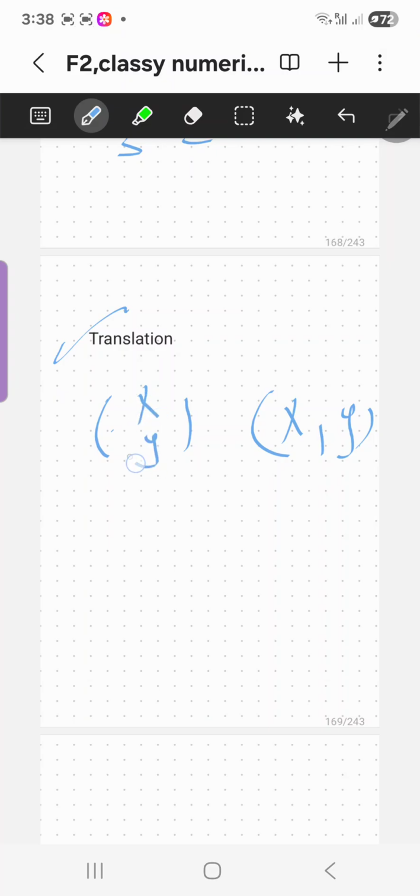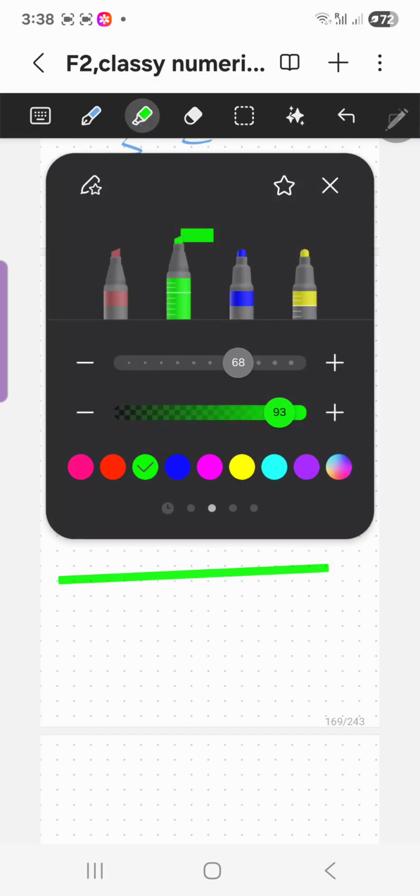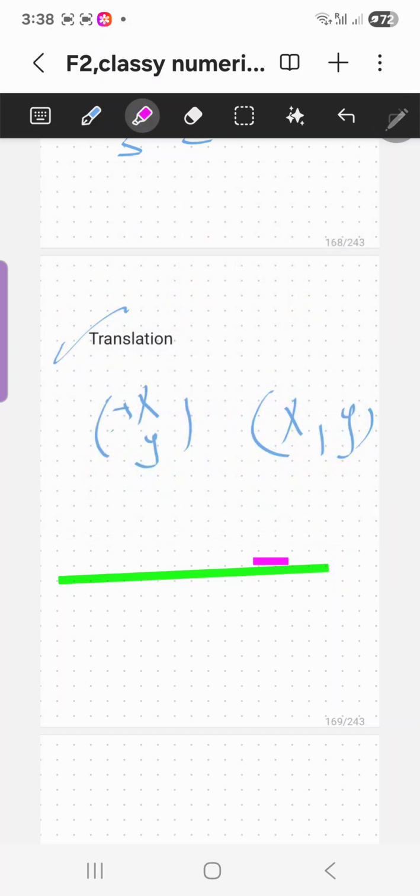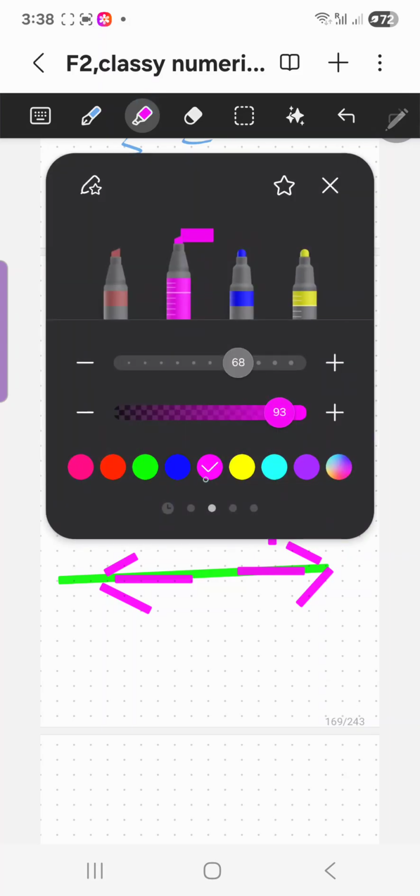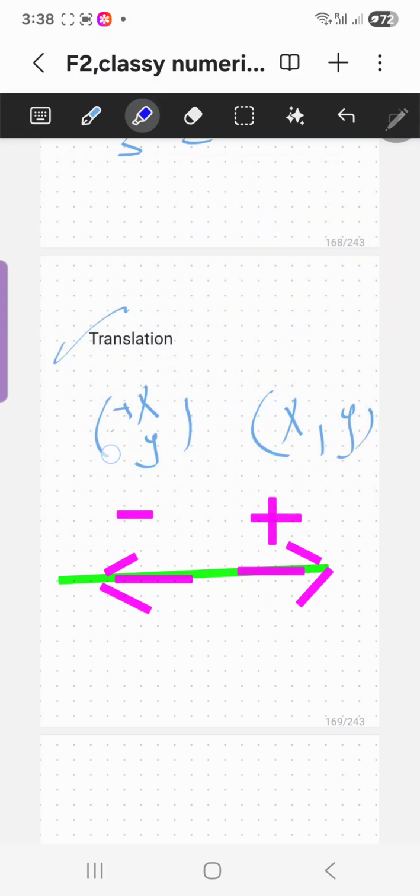So x and y. If it has a positive sign, the x is moving to the right, or to the left. If it's positive, it's moving to the right. If it's negative, it's moving to the left. How about if the bottom one is negative?